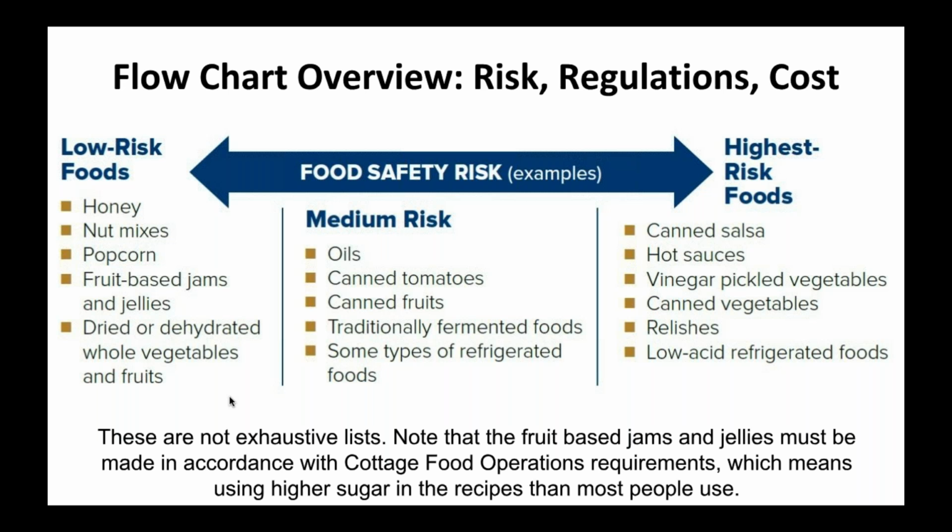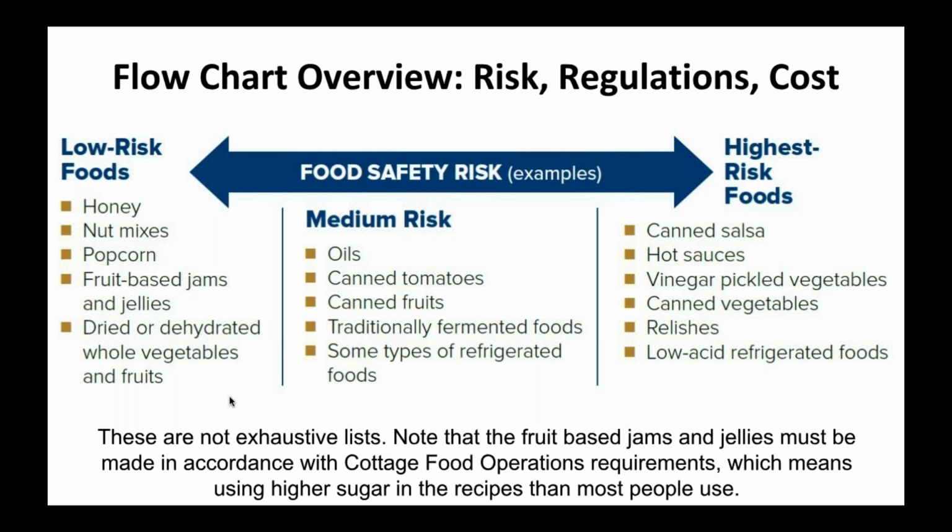The Cottage Food Law actually has a very prescriptive list of what types of foods you can produce in a cottage food operation. There's now 33 foods on that list. And so we have some links that we'll provide to you guys that can help you navigate to that list, so you can see whether or not the product you're interested in producing falls on that cottage food list or not.